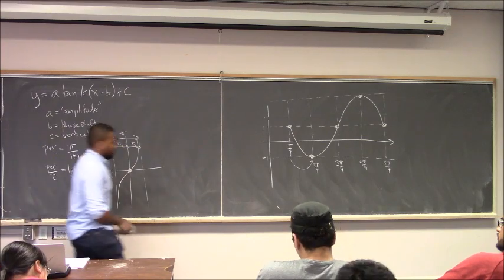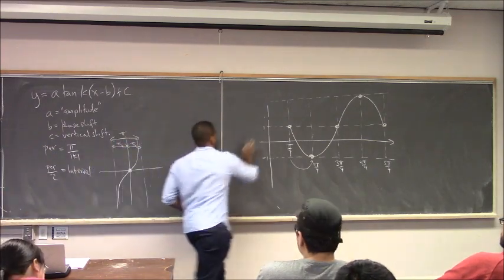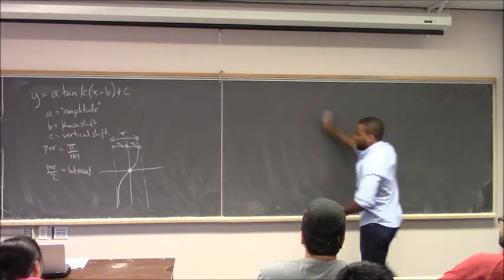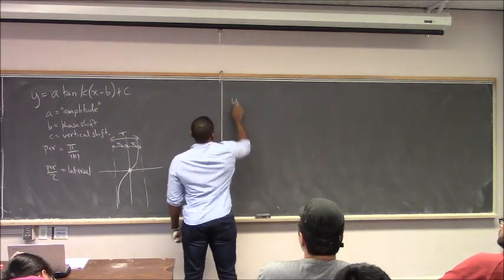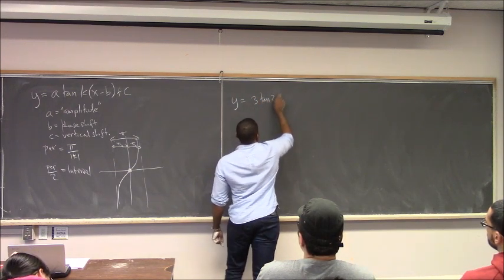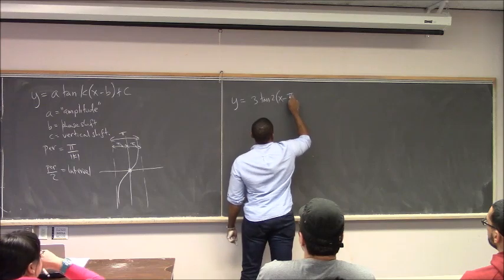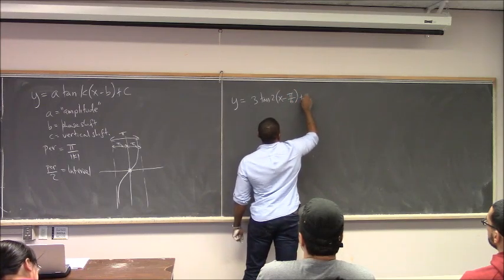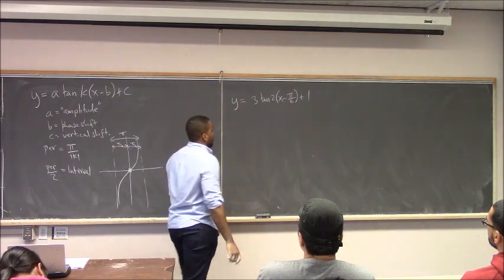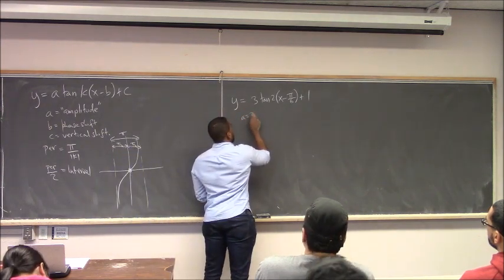So if someone were to ask you to sketch y equals 3 tangent 2x minus pi over 6 plus 1. Then here, yes, your a is 3.